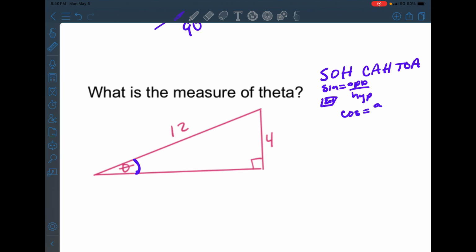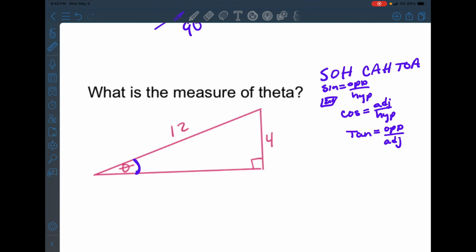Cosine equals adjacent over hypotenuse. Tangent equals opposite over adjacent. So in case you've never learned that, never heard it, no matter if I said it 15 million times, you have it now. Write it down.